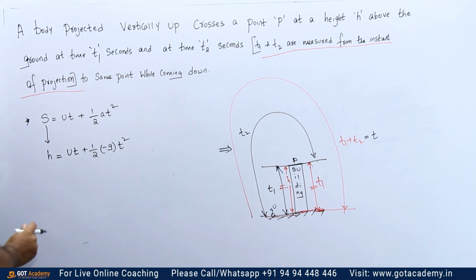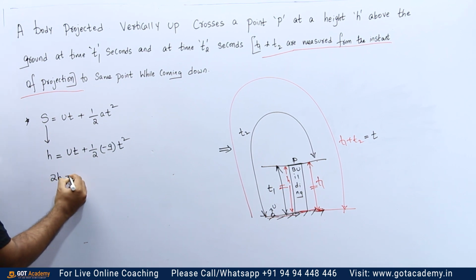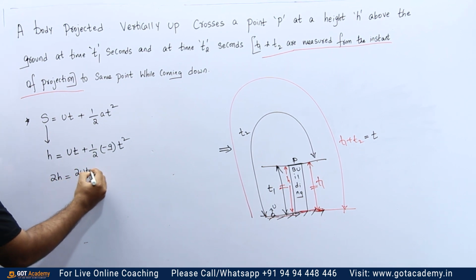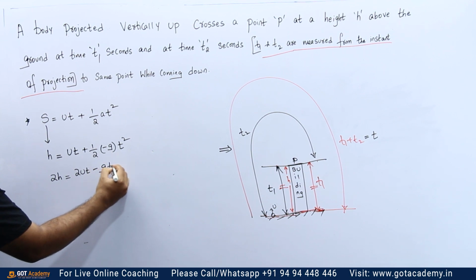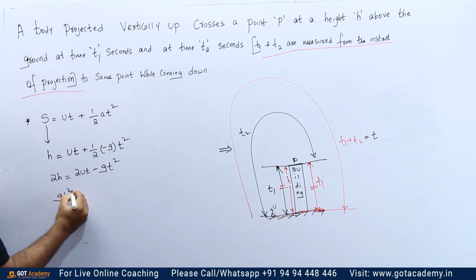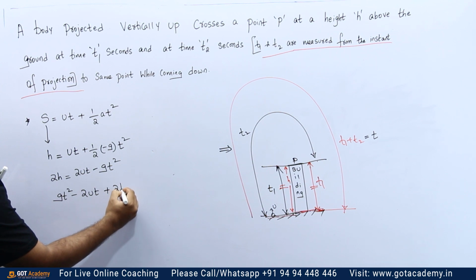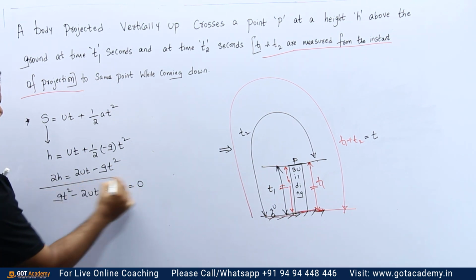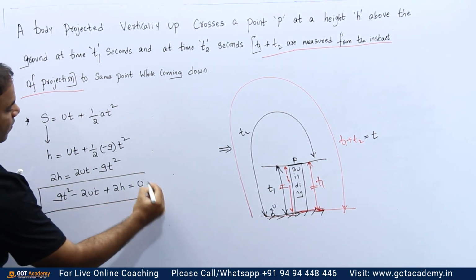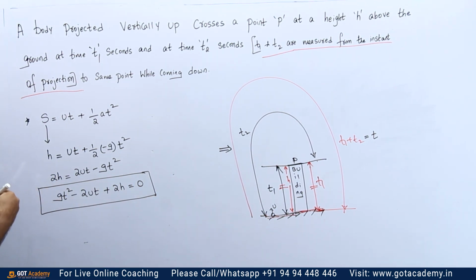By solving this, taking LCM, 2h is equal to 2ut minus gt square. So let us bring this to this side: gt square minus 2ut plus 2h is equal to 0. So this is the equation we get.